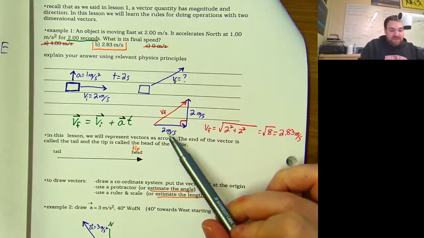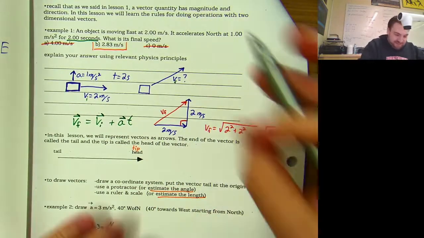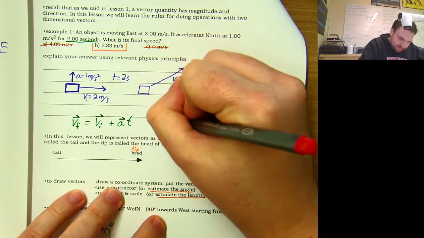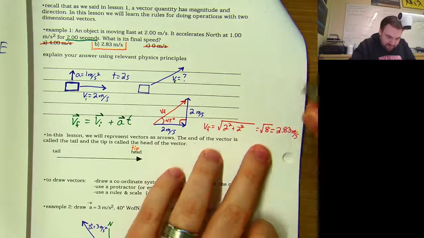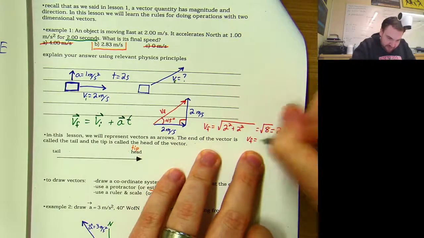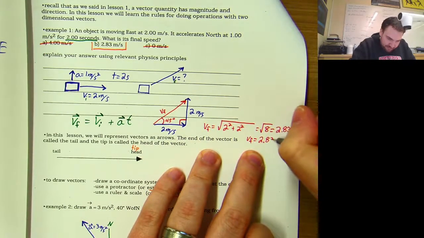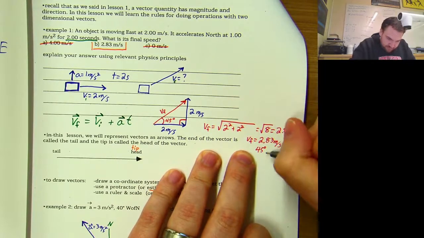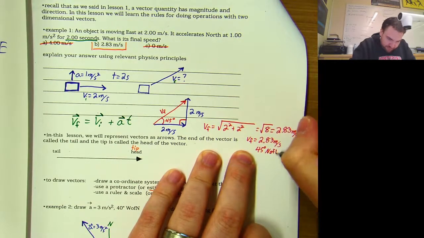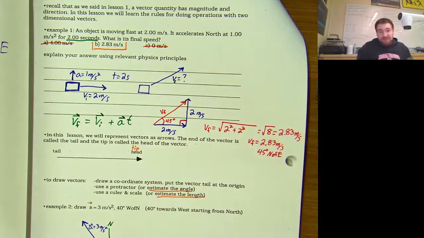And because these two lengths are the same, we know this angle there has to be 45 degrees. So our final velocity, VF, is 2.83 meters per second, 45 degrees north of east. Or we could have just said northeast.